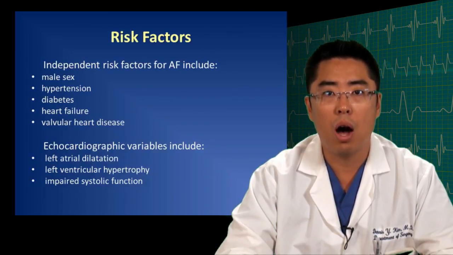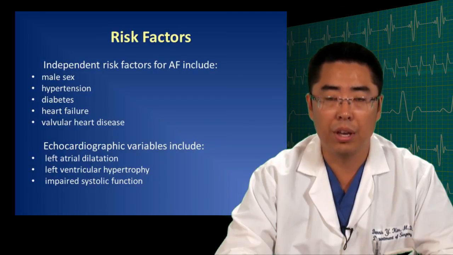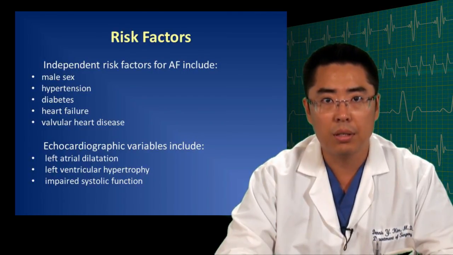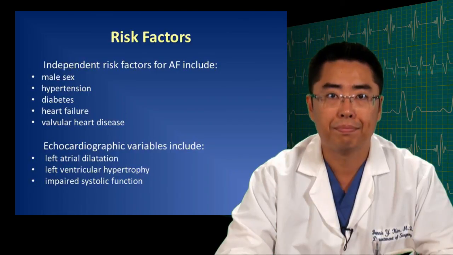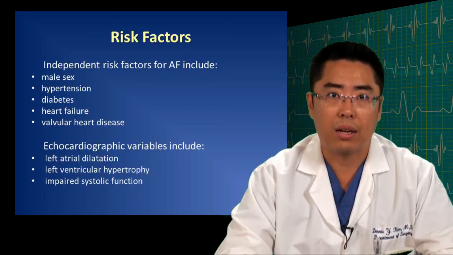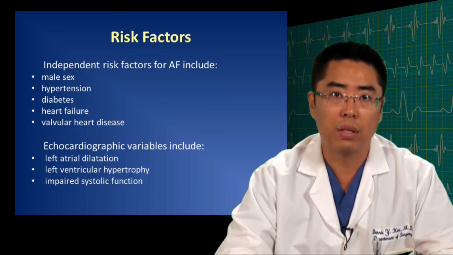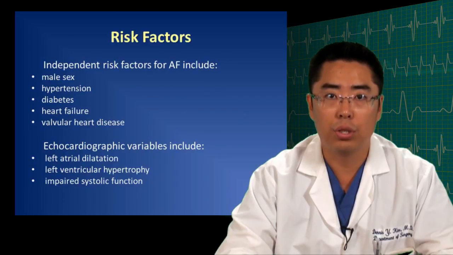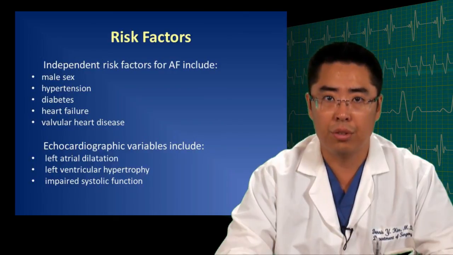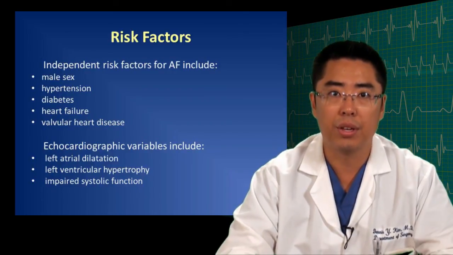Hypertension is by far the most common underlying risk factor for atrial fibrillation, and this is secondary to the significant prevalence of hypertension in the U.S. population. Other risk factors for atrial fibrillation may be established via echocardiography, either transthoracic or transesophageal, which tends to be much more sensitive and specific. These findings include evidence of left atrial dilatation, left ventricular hypertrophy, as well as impaired systolic function, particularly in patients with an ejection fraction less than 35%.